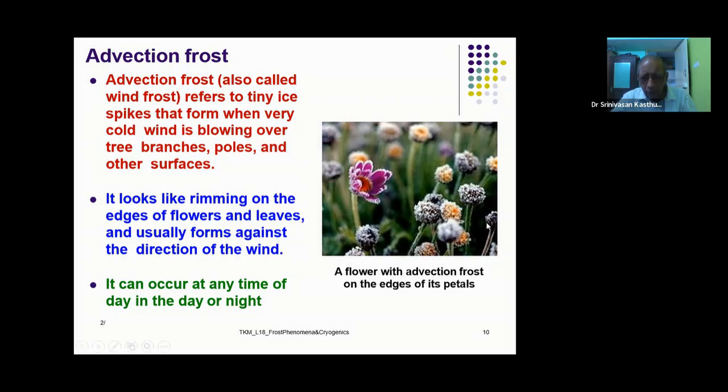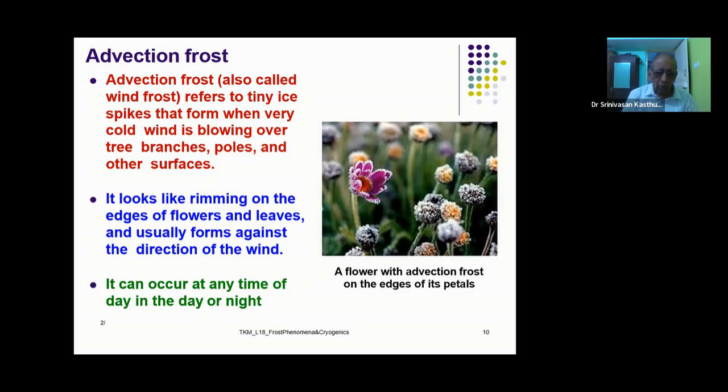You can see here a flower with advection frost. You can see these violet petals. You can see the frost on the surface. On every flower, you can see the frost occurring on its surface. It looks like rimming on the edges of flowers and leaves, and usually forms in the direction of the wind.